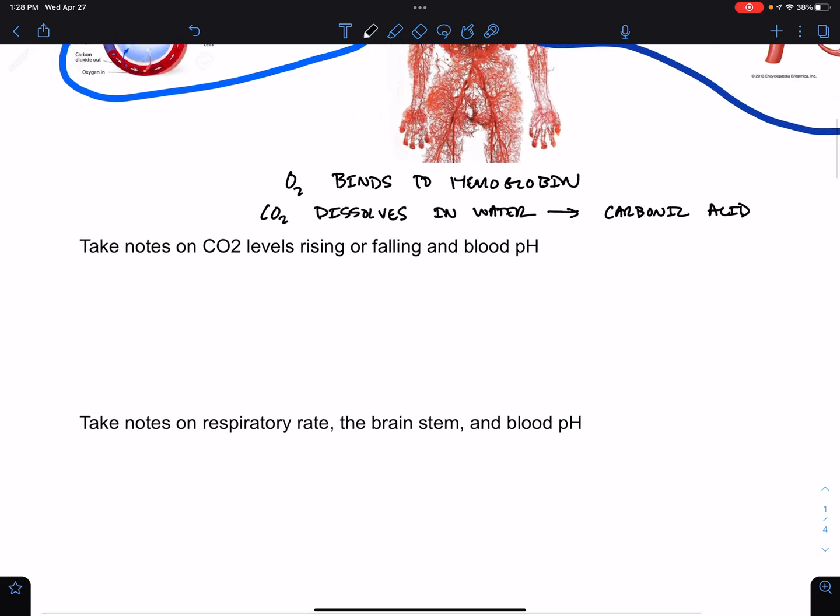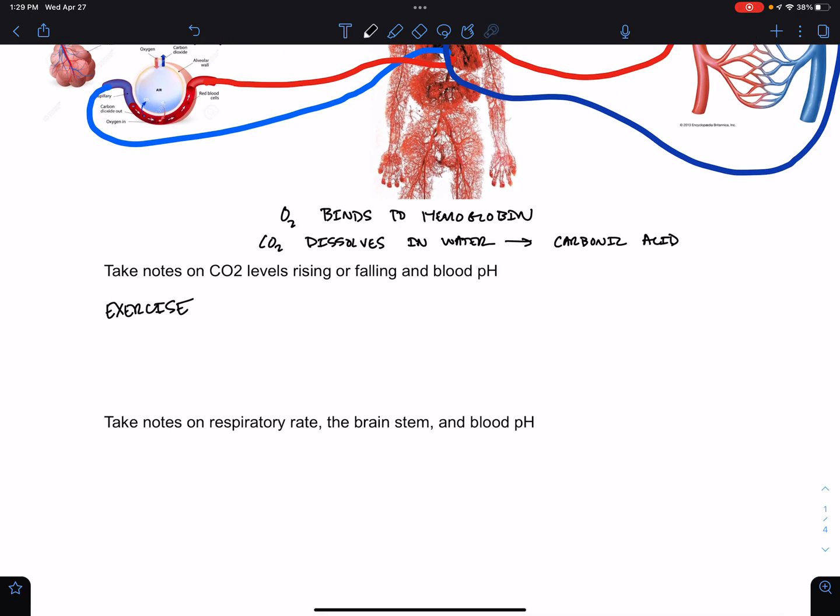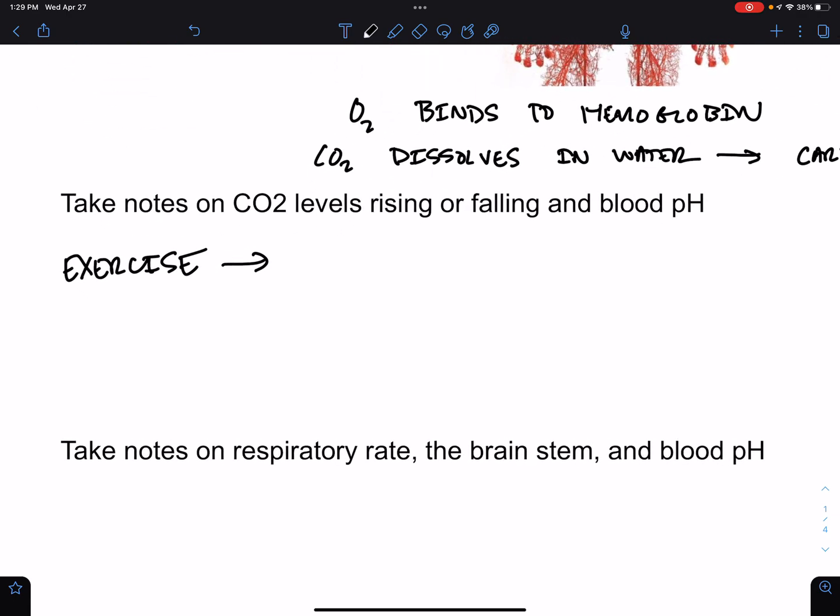When you do something that produces a lot of CO2, like, for example, if you exercise, you perform a bunch of cellular respiration in order to get the energy you need to exercise, to contract your muscles. So your CO2 levels go way up when you exercise.